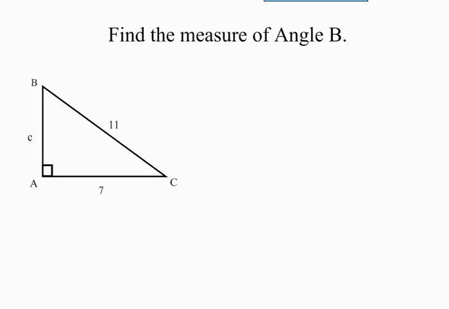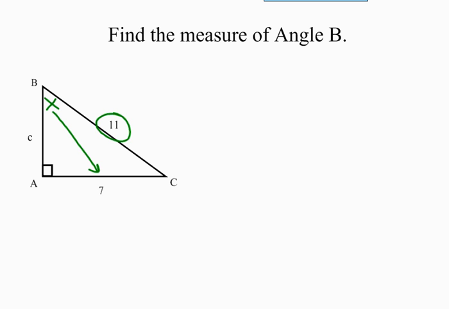All right, in our next example, they ask us to find angle B. So now we're starting up here. Now from angle B, we know the opposite side and we know the hypotenuse. Opposite over hypotenuse is sine.